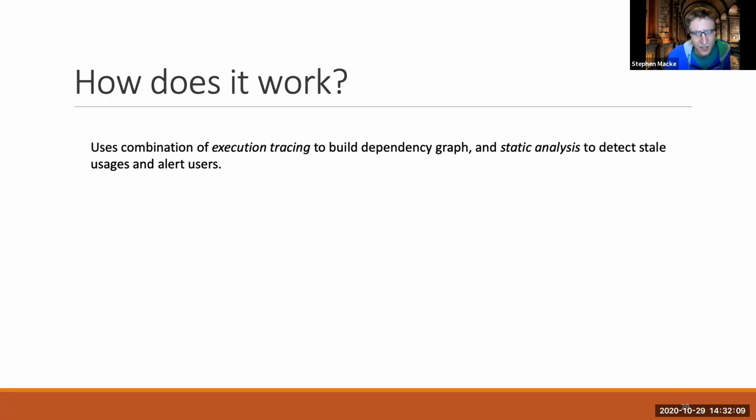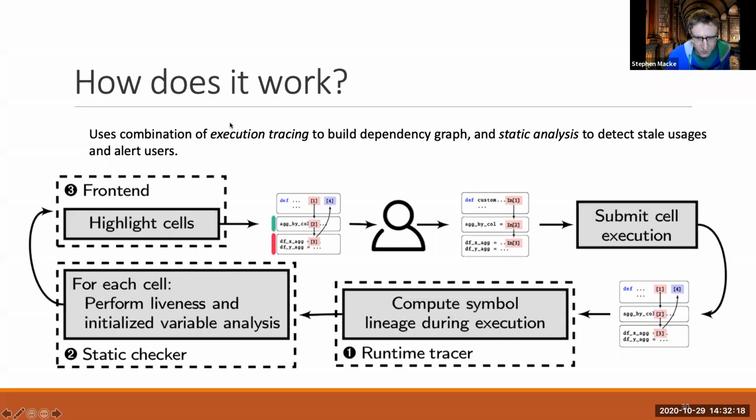And then in order to detect potentially stale usages, it uses various static analysis techniques. So here's the end-to-end workflow of what that looks like for every single cell execution.